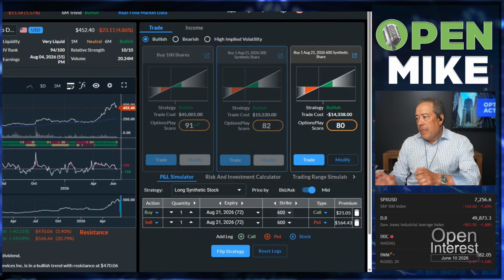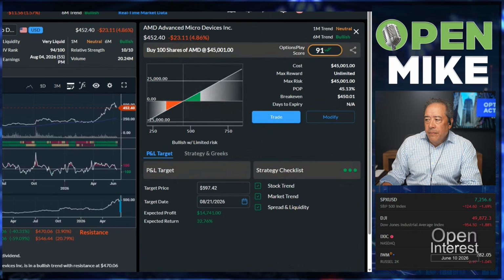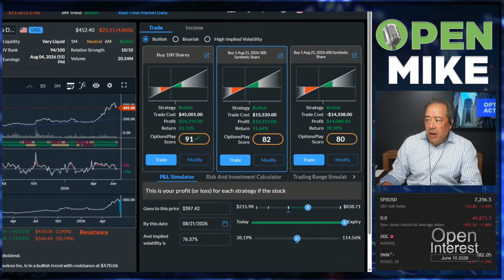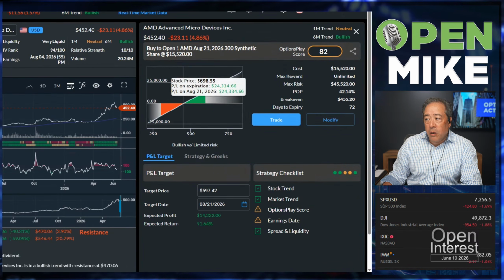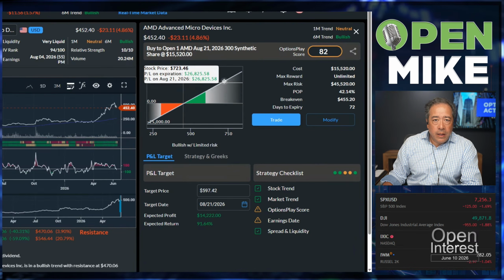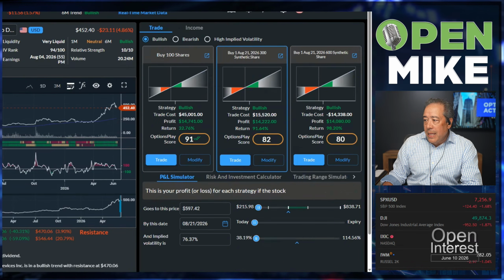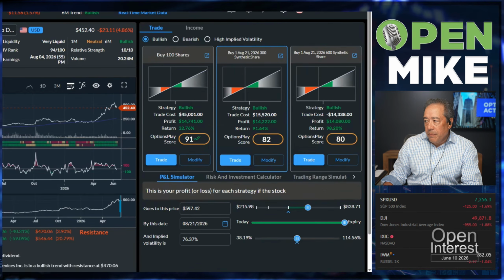Okay. So now you could buy the stock, you get this payoff. And that looks very similar to buying the 300 call and selling the 300 put, I adjusted these strikes, and that payoff looks remarkably similar to buying the 600 call and selling the 600 put.